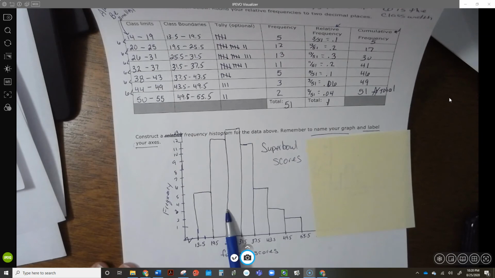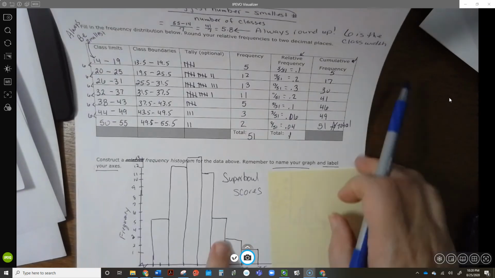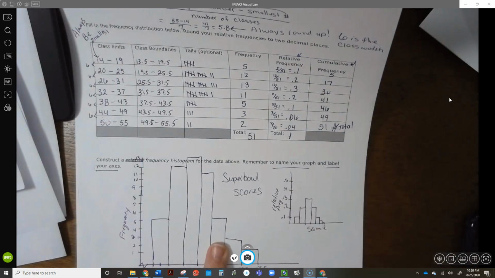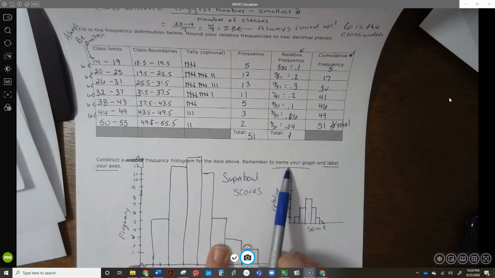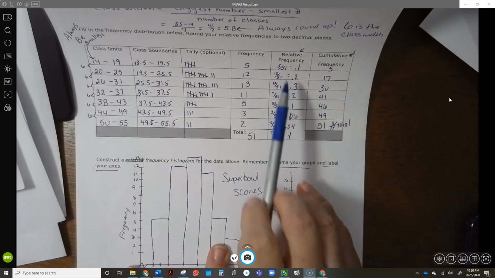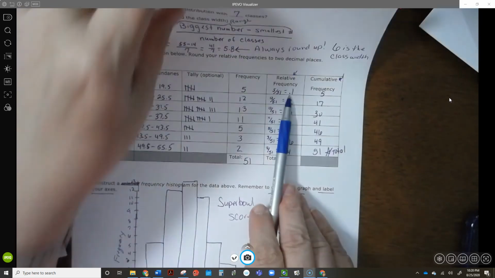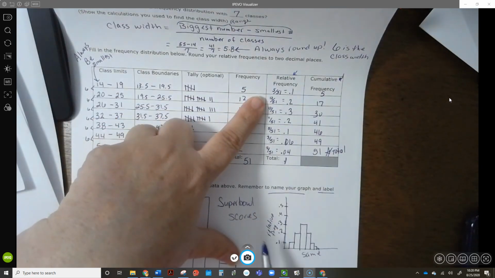Okay, so that's what the frequency looks like. If you did a relative frequency, then all that's going to change is these decimal numbers will be on the y-axis, and on the x-axis, everything else stays the same. So you look at the relative frequency numbers and you put them on the y-axis.